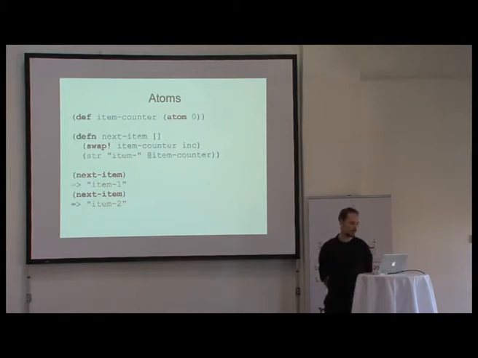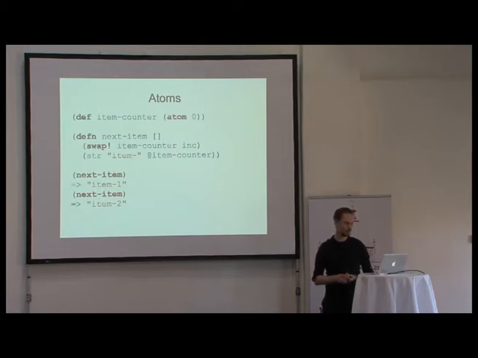And for the simple case, you have atoms, which you can use, for instance, like this, a simple counter. So every time you invoke next item, you get a string with the last part incremented.